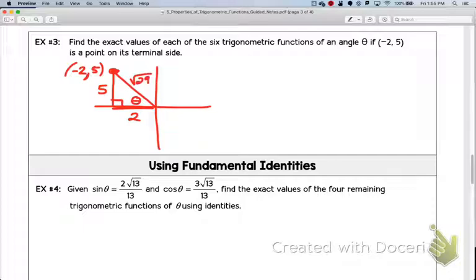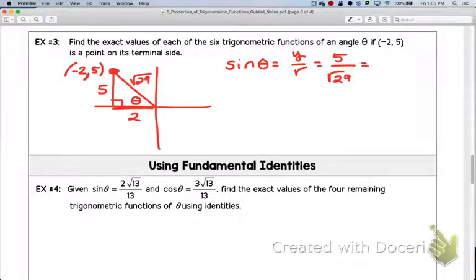So now we can use those to come up with my 6 trig functions evaluated at theta. Sine, remember, is opposite over hypotenuse, or y over r, which is 5 over the square root of 29.